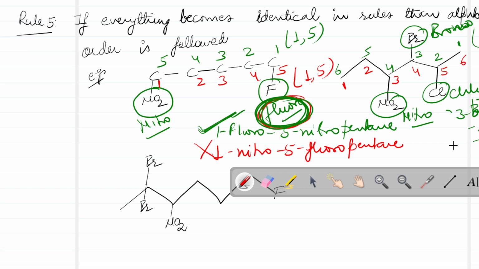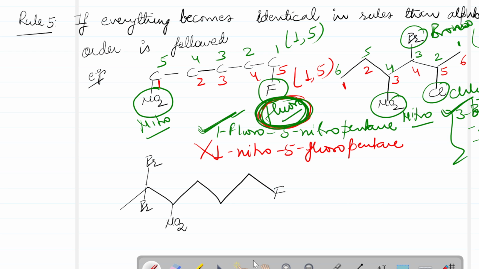It is the correct name, right? I am writing it fairly: 3-bromo, 2-chloro, 4-nitro, hexane.